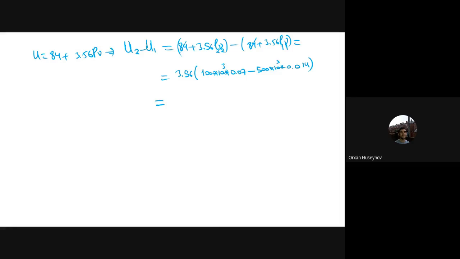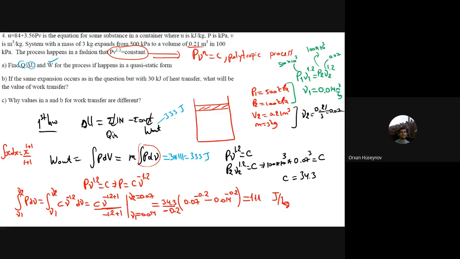You can tell me the value of delta U, and then we will find the value of Q in, and the first part of the question ends. So you've come to 0. Okay, good. So the delta U has become 0.